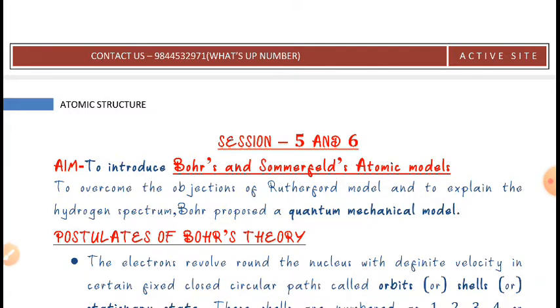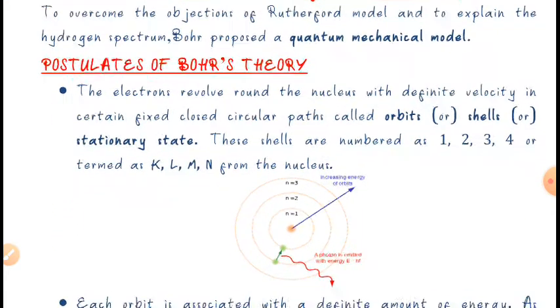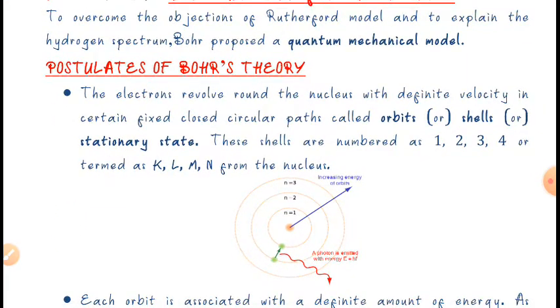So now we will see what Bohr has said about his model. He says that the electrons revolve around the nucleus with a definite velocity in a certain fixed closed circular path called an orbit, or we can say a stationary state.